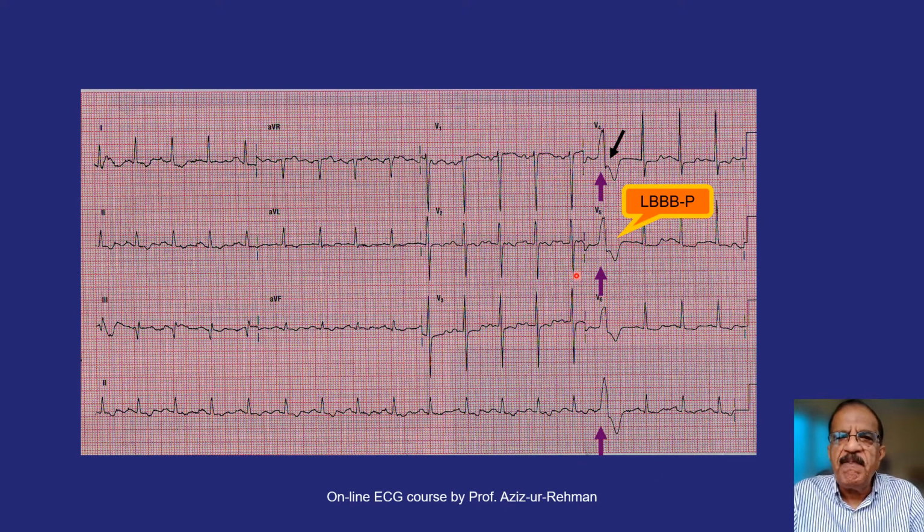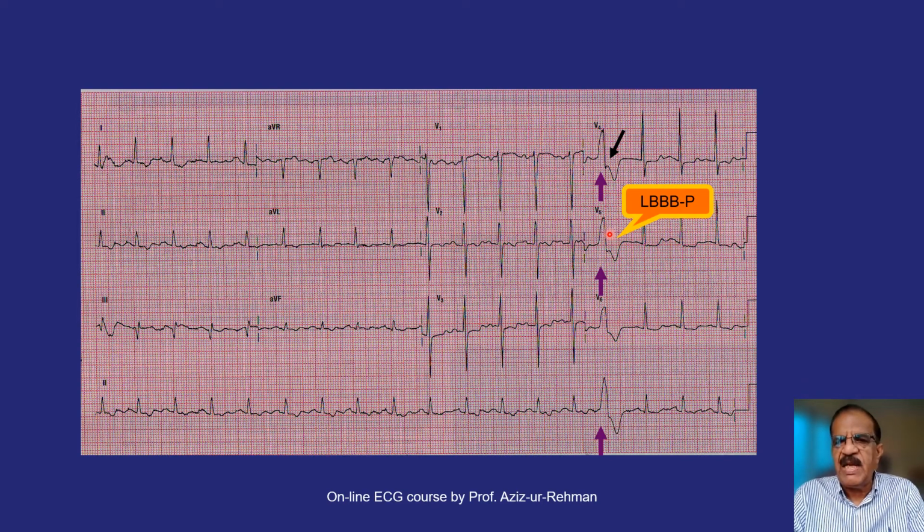So if you see the pattern, and we have already covered bundle branch block patterns, this looks like, in V5 or V6, the pattern of QRS complex is that of left bundle branch block. In a left bundle branch block, the current flows from right to left.